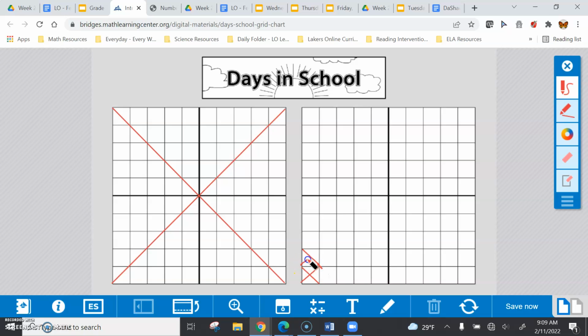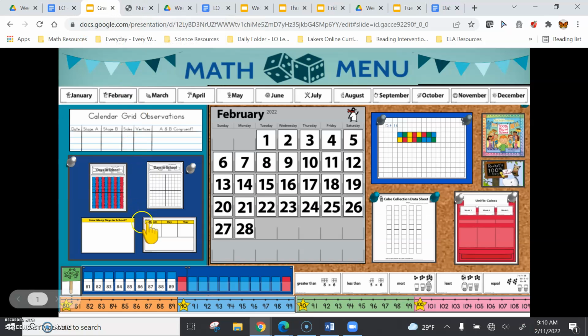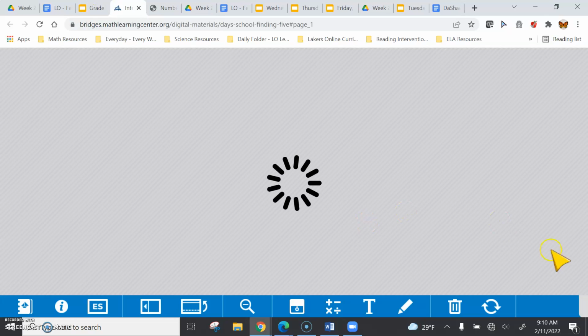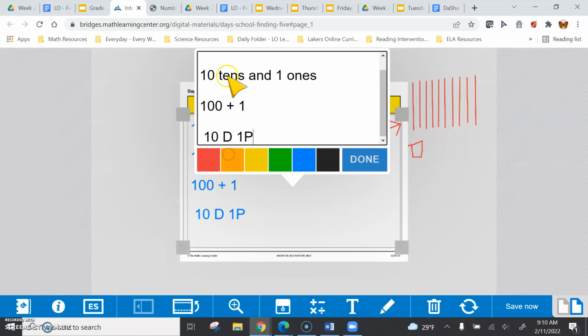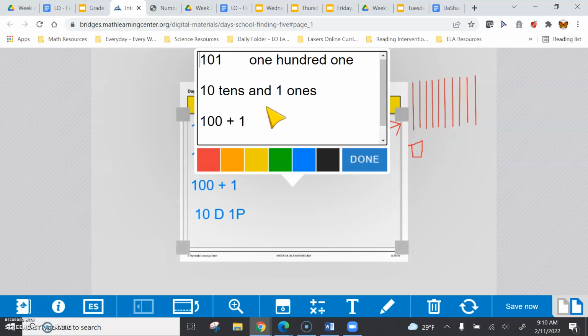So now that makes it 102 days that we have been in school. And when we do that, All Stars, we change our information here to make it 102.